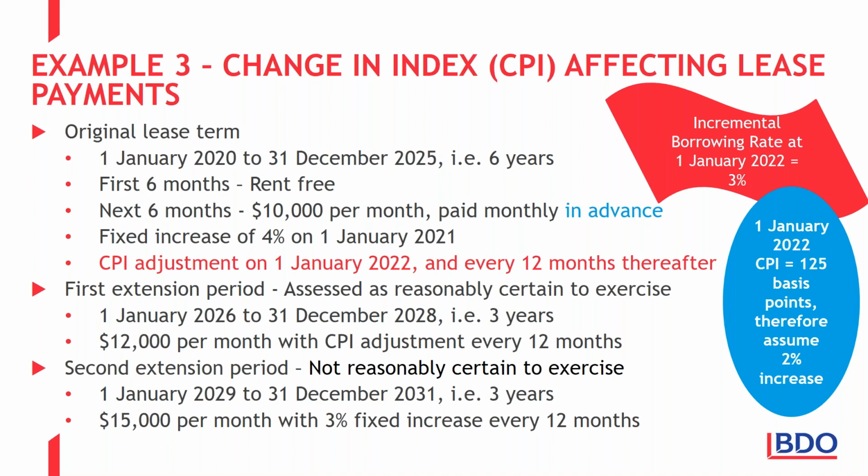However, as soon as there is a change, we do factor it in. So how do we factor it in? I've given you the incremental borrowing rate on 1 January 2022. That's unnecessary information. I'm trying to confuse you, because if you're not changing the lease term, you don't need to update your incremental borrowing rate for this type of reassessment.